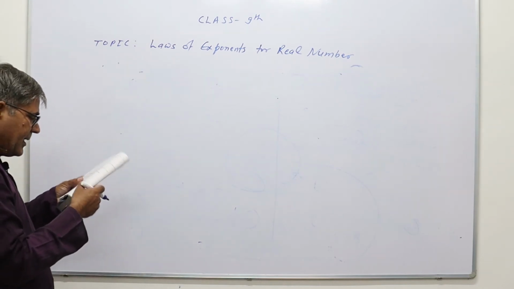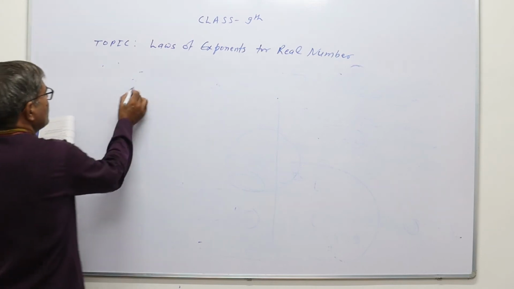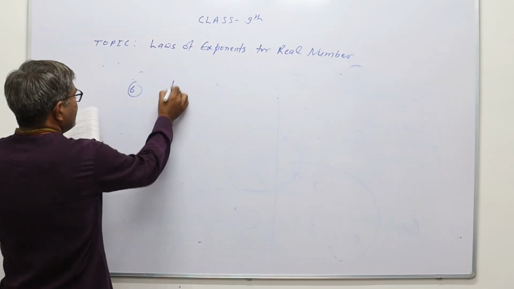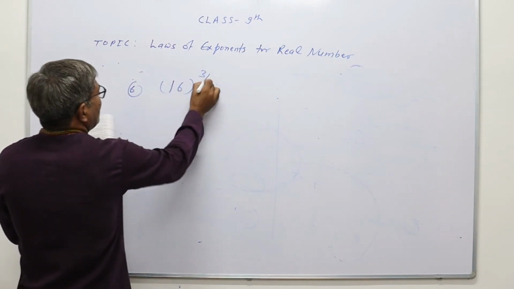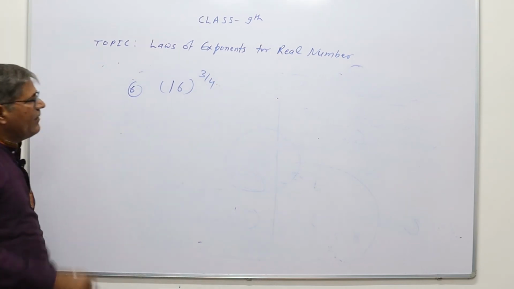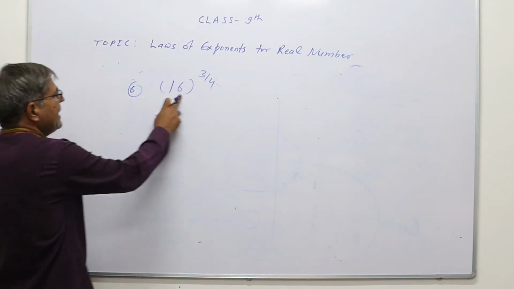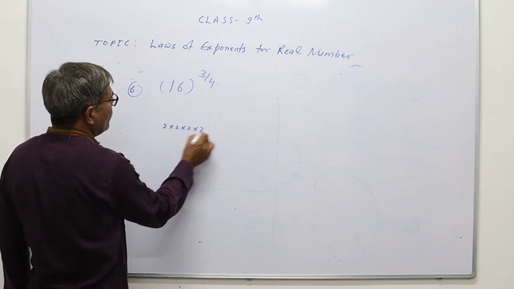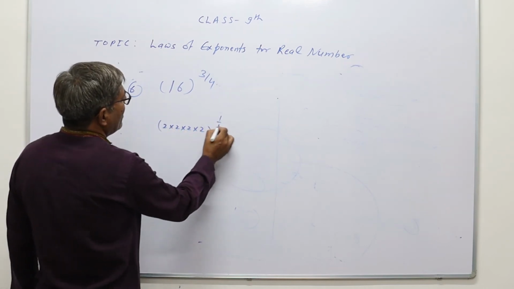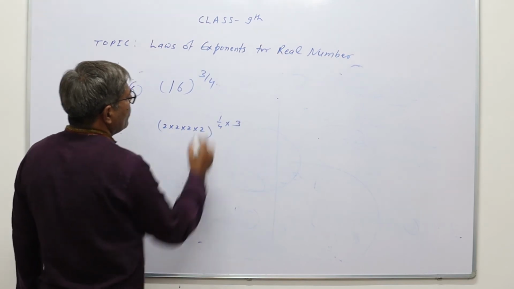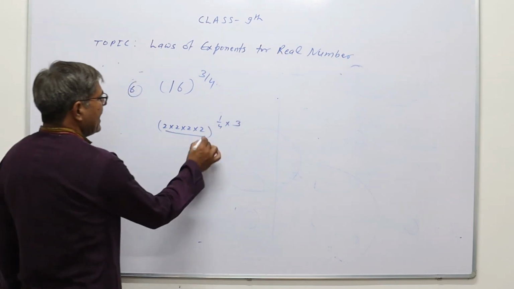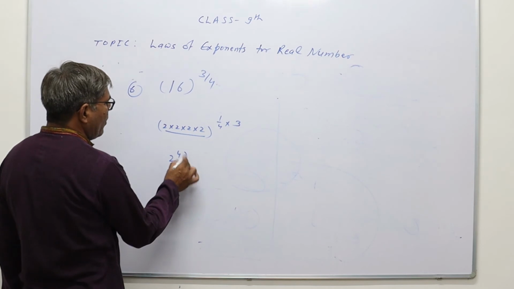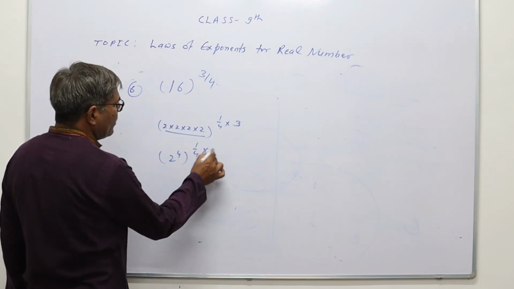So let's take some more examples. So the sixth one: 16 whole raised to the power 3 by 4. How will we find the value of this? So this 16 can be written as 2 into 2 into 2 into 2, whole power 1 upon 4 into 3. So this can be written as 2 raised to the power 4 whole power 1 by 4 into 3.